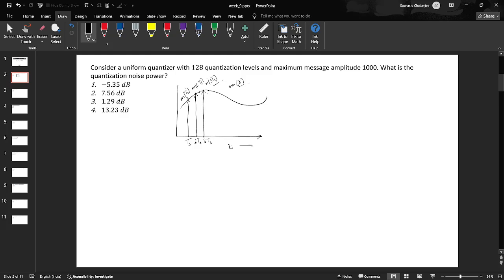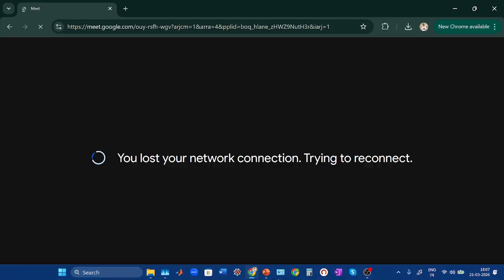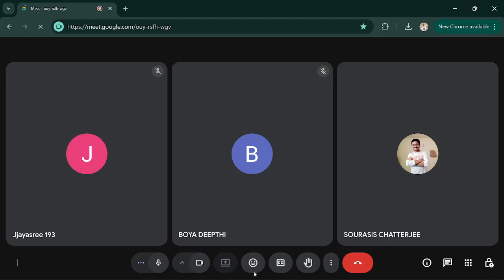Now the issue is that the values we are getting, like those scalars, sorry about that, there was some networking issue in my end.